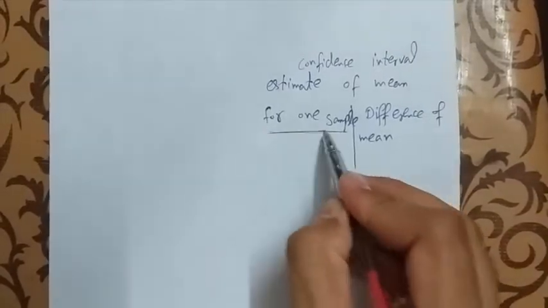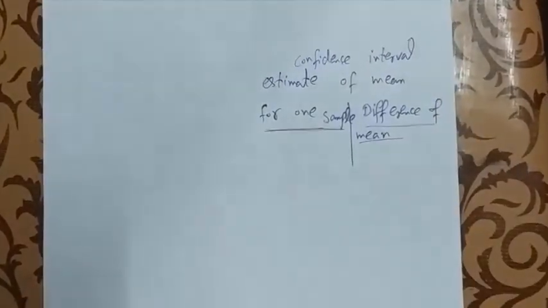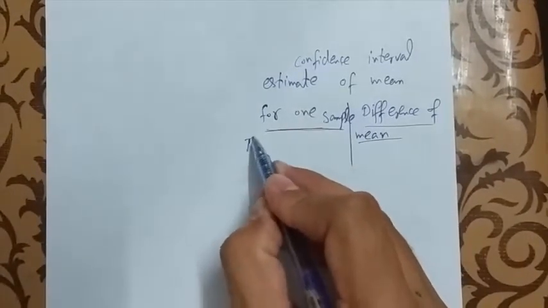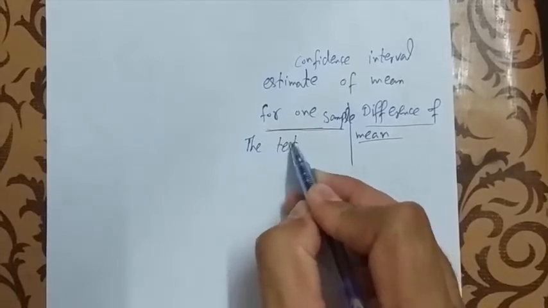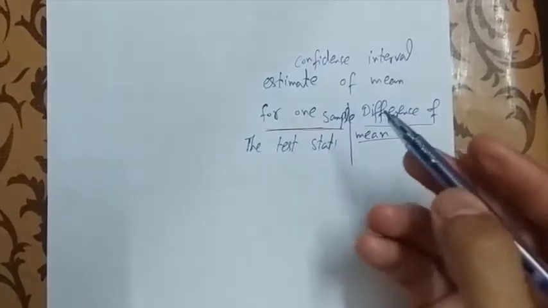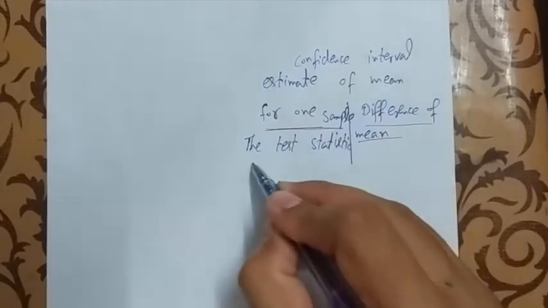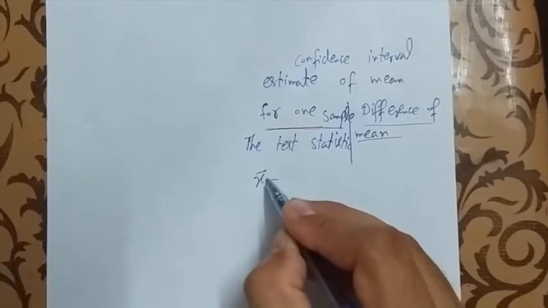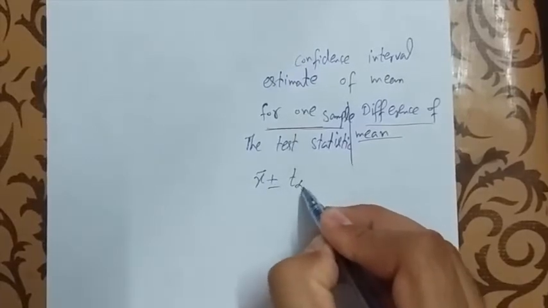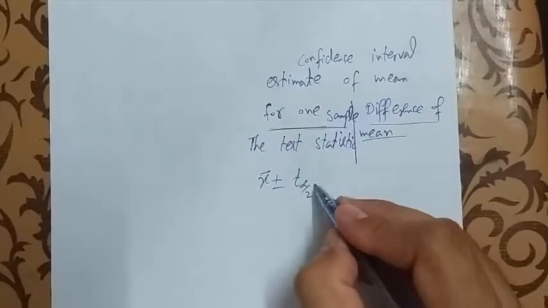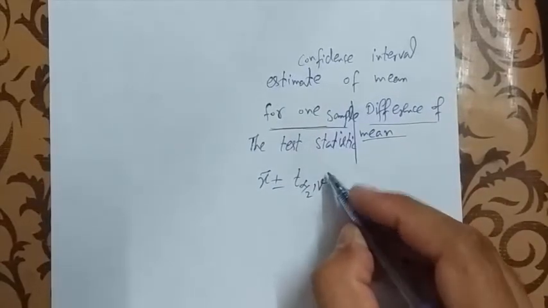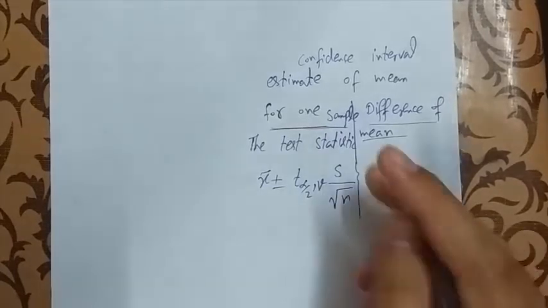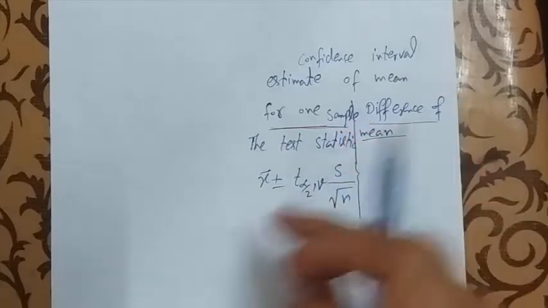The test statistics for one sample is x bar plus minus t alpha by 2 comma nu, which is the degree of freedom, times s over square root n. This is the test statistics for one sample.